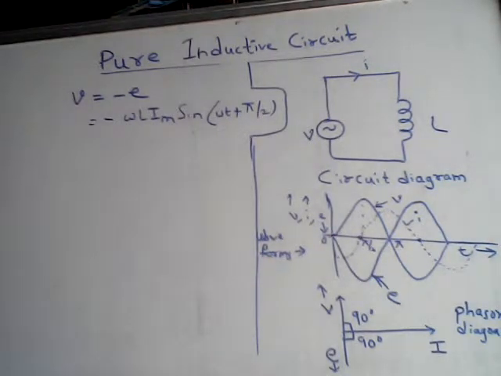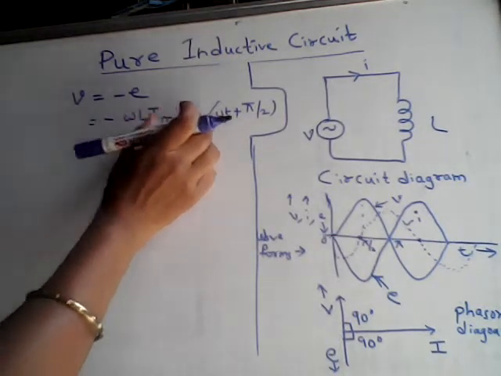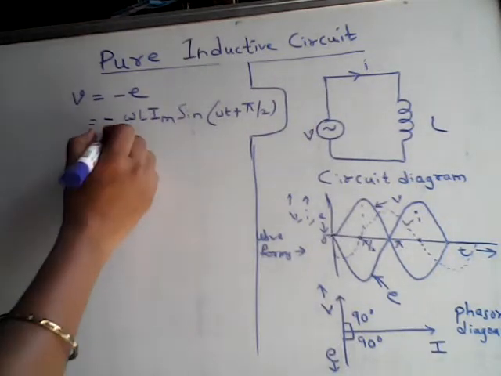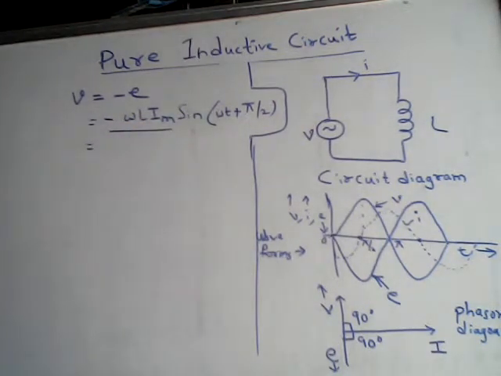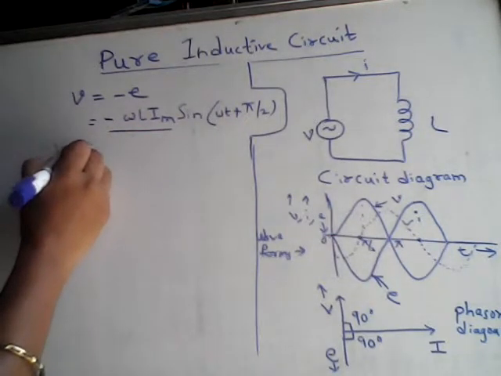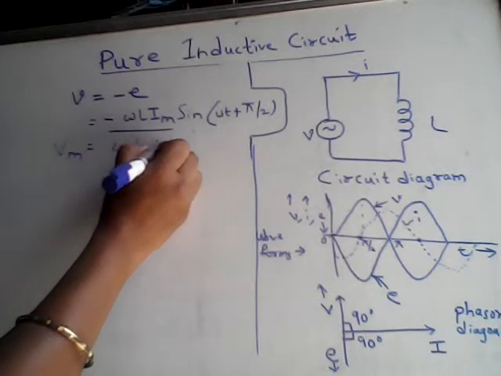So this equation can be represented as V equal to Vm sin omega t. From this we can see that this quantity is called Vm. So I can write Vm equal to omega L Im.